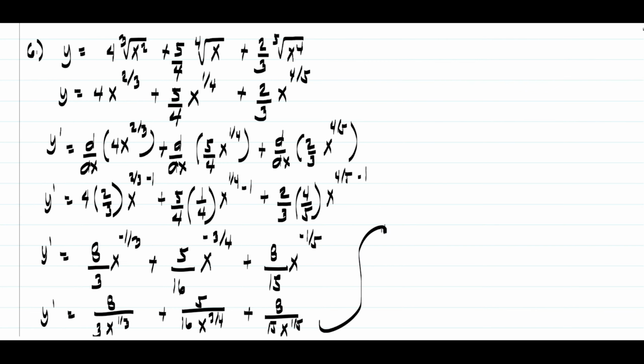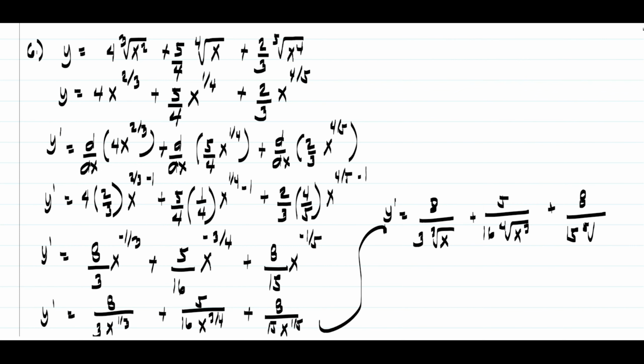And since our given is written in radical form, we can simplify this one as y prime equals 8 over 3 cube root of x plus 5 over 16 fourth root of x cubed plus 8 over 15 fifth root of x. Since we don't have a perfect cube, perfect fourth root, or perfect fifth root on the radical sign, we can write our answer in this form.